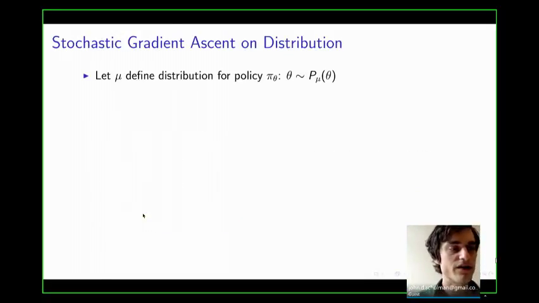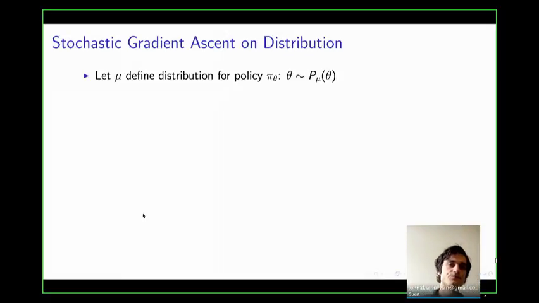But now I'm going to talk about a very closely related approach, which can be mathematically derived pretty straightforwardly, which is to do stochastic gradient descent on the parameters of your distribution. And shortly, I'll show how cross-entropy method is closely related to this.